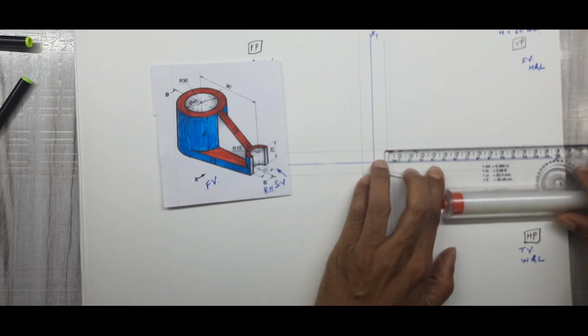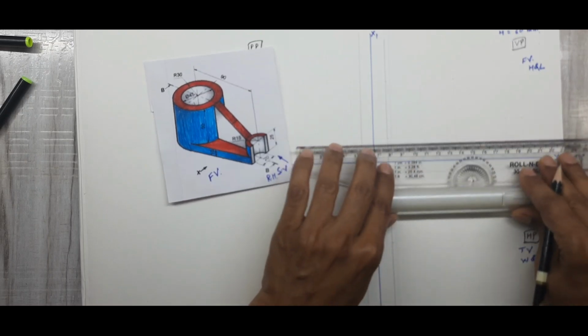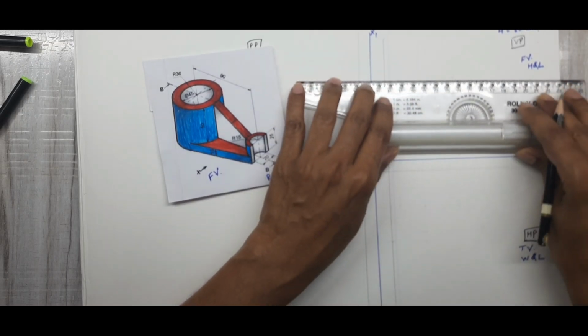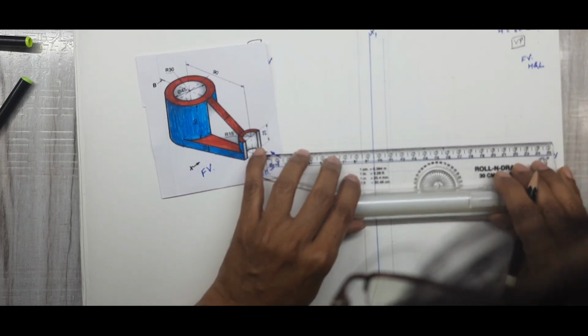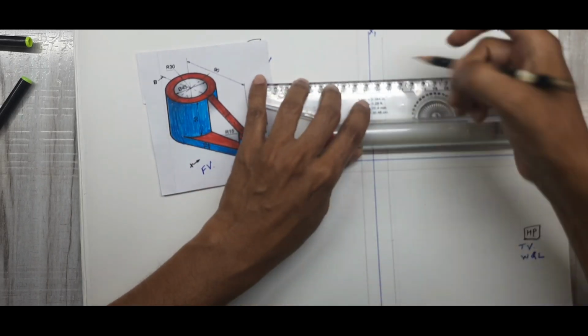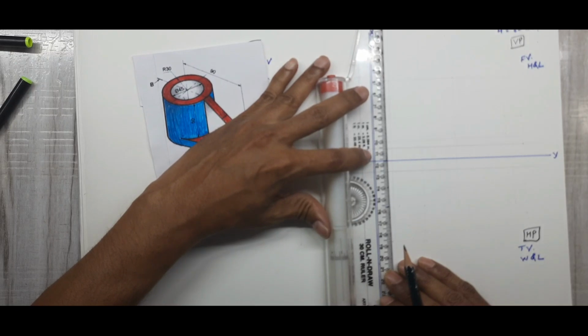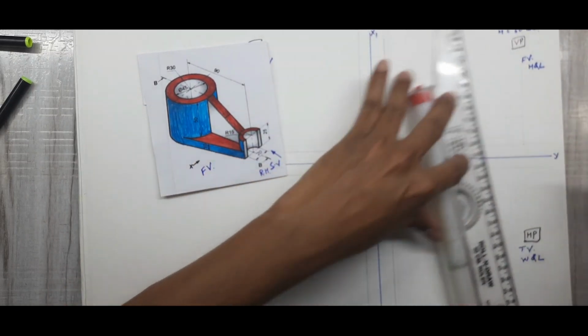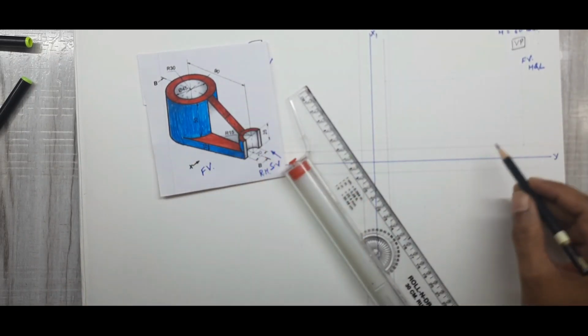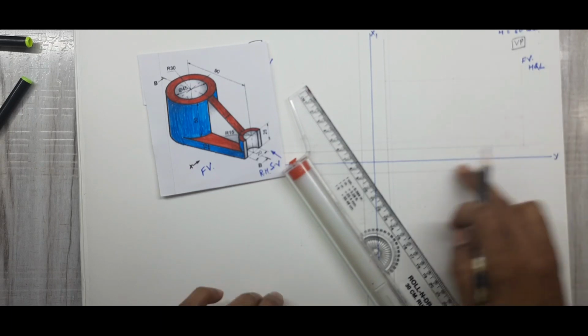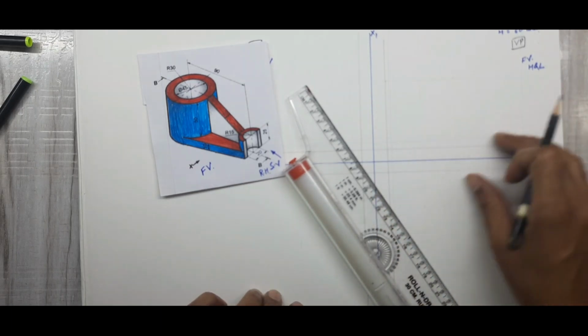So length and height I mark, and within this region I have to complete my drawing. So this is the area where we have to draw the front view.